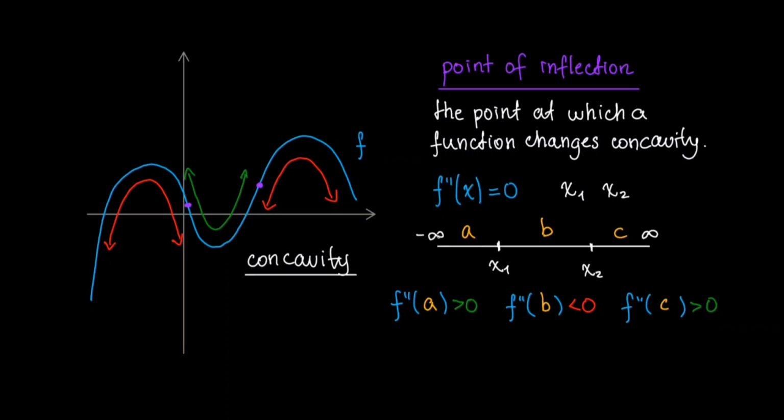This tells us from negative infinity till x1, our function would be concave up. And from x2 to positive infinity, it would also be concave up. And in contrast, since f second derivative of b is less than 0, this means in the middle from x1 to x2, our function would be concave down.